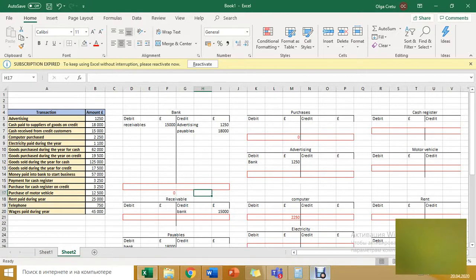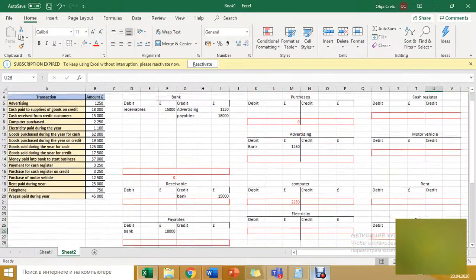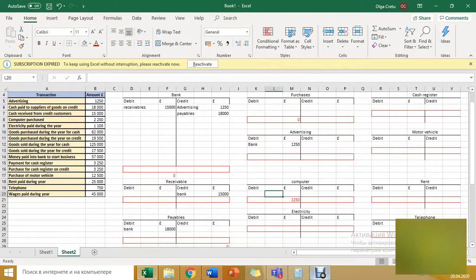The next transaction says that the fashion shop purchased a computer. So a computer is an asset. A computer is a long-term asset, right? So we have an account for computer. So we put computer purchased by cash, 2,250, and of course we put it here, computer, 2,250.